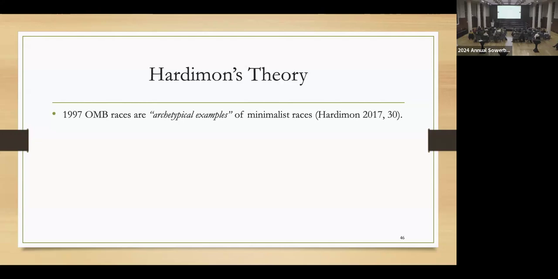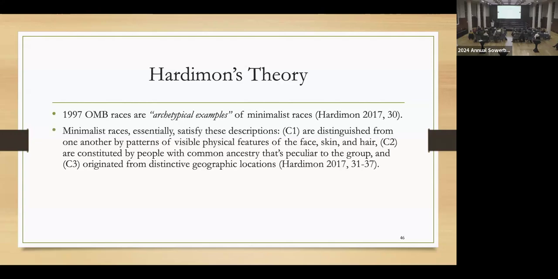So what does he think essentially a race is in ordinary English discourse? He calls them minimalist races. And he has 3 conditions, 3 necessary descriptions that apply to you if you're a race, and they are sufficient. This is all you need to be a race, according to Hardimon, in at least ordinary English.